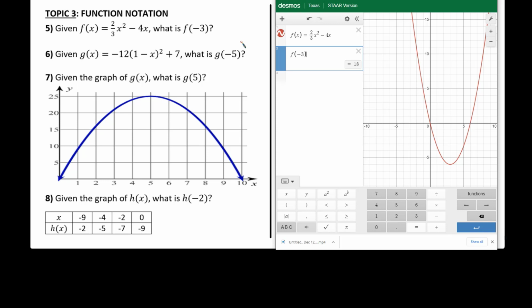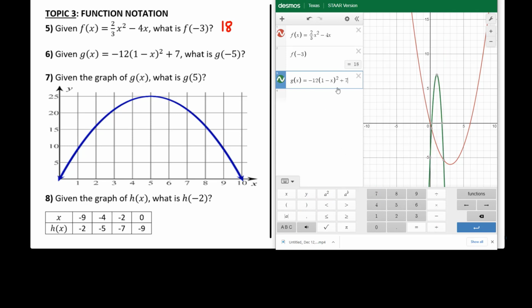So let's go ahead and write 18, and we're going to do the function g of x, close parentheses, equals -12, parentheses, 1 minus x, close parentheses, squared, plus 7.